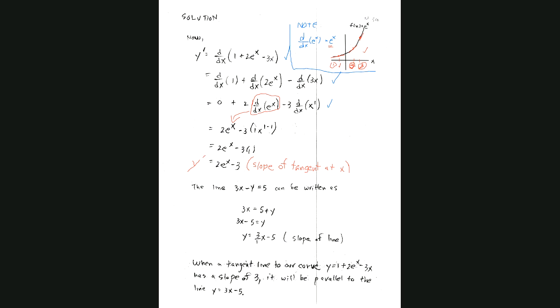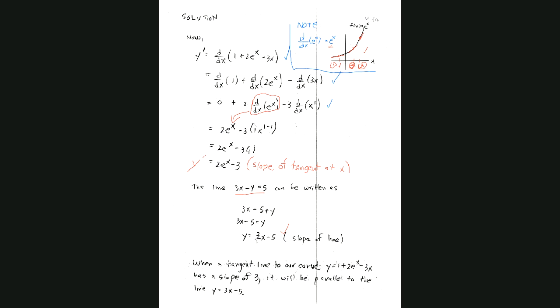Well, in order to do that, we need to figure out what the slope is of 3x minus y equals 5. But that's easy. That's a line. You just get it in slope-intercept form.